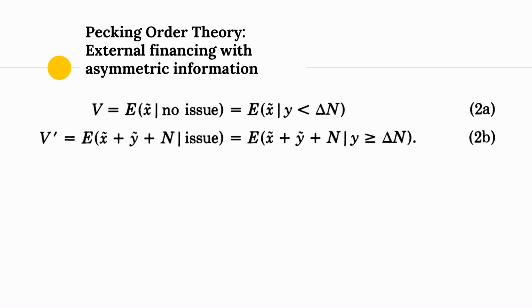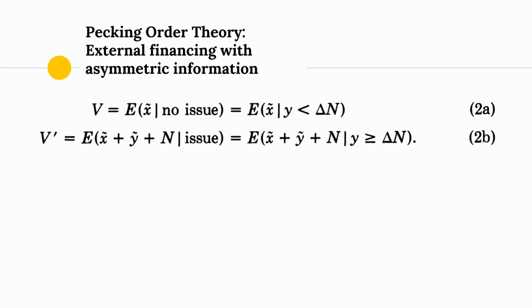So the total dollar amount raised by the firm is fixed by assumption, but the number of new shares needed to raise this amount is not. Thus, delta N is endogenous because it depends on V prime. For example, if the firm issues, the fraction of all shares held by new stockholders is N over V prime.